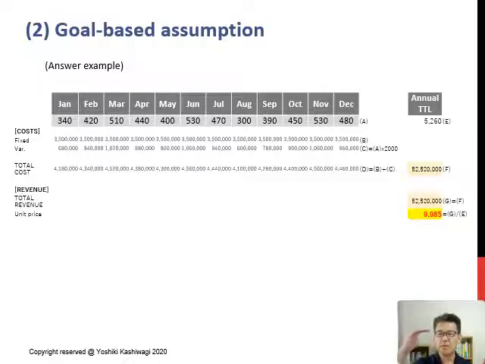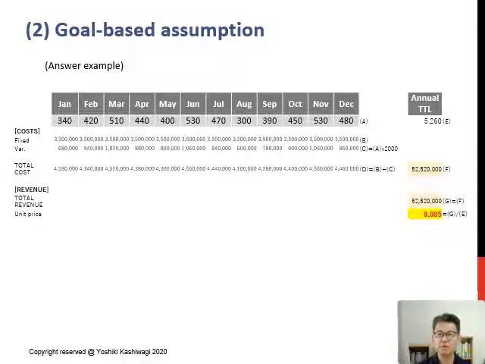So your targeted total revenue is 52 million yen, and your plan of the sales volume, sales number, is 5260. So you divide your total revenue with the total sales number 5260, which comes to the unit price, which is 9985 in this case.